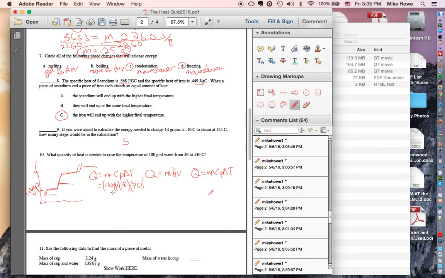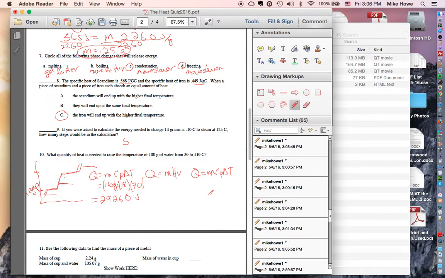So you'd have 100 times 4.18 times 70, which is 29,260. That's how much energy it takes, in joules, to go from here to here.